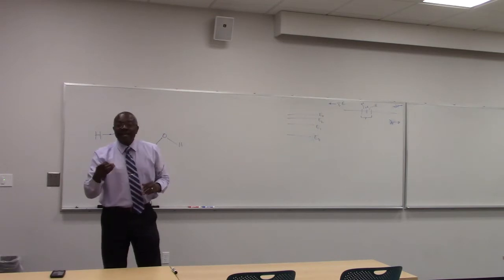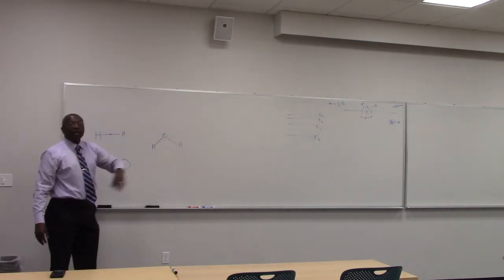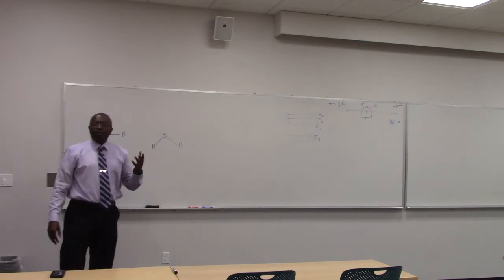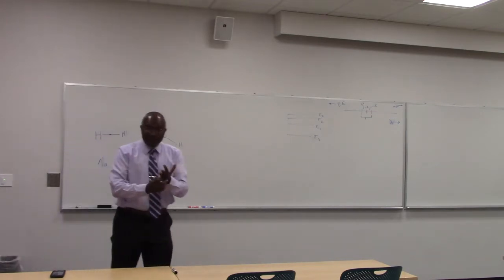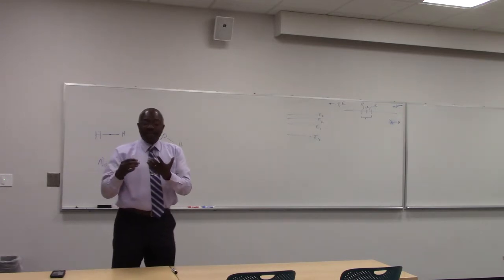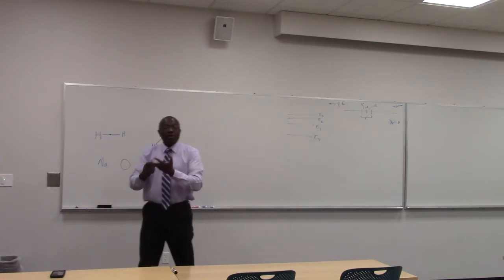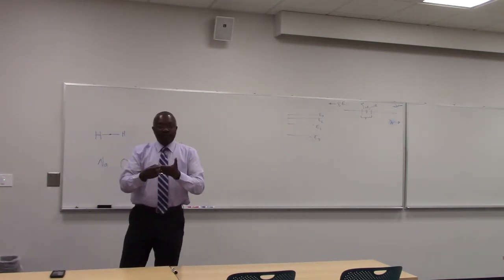So the only kind of spectroscopy that atoms give will be electronic. Polyatomic molecules, on the other hand, can't give translational, but they can give some rotation. Some will be disallowed, like for hydrogen gas. They can give vibrational, they can give electronic.